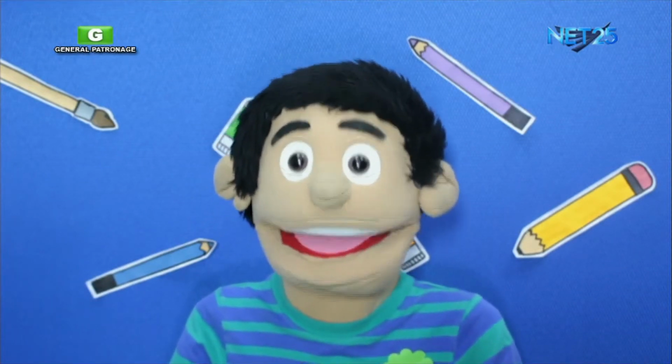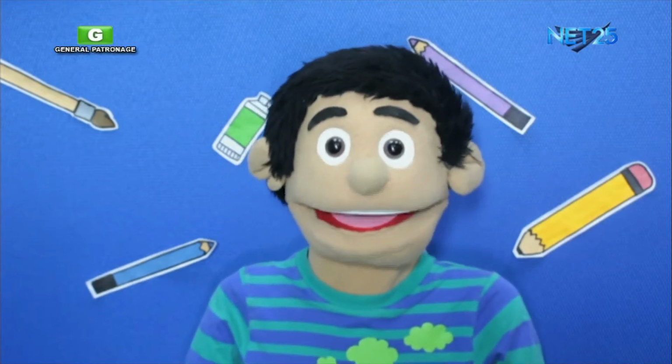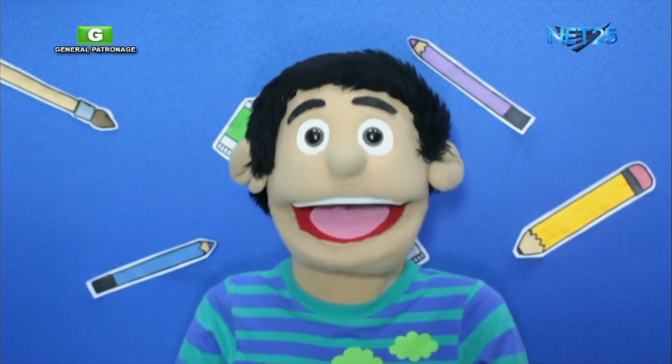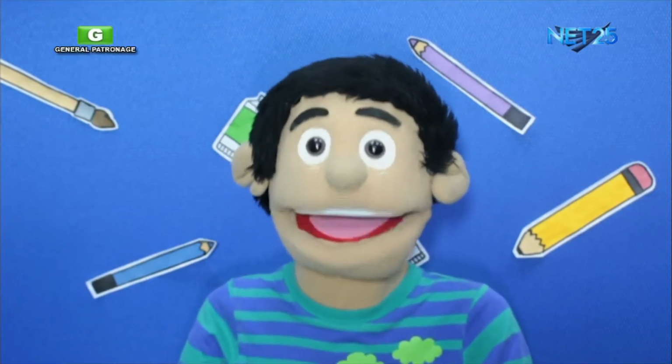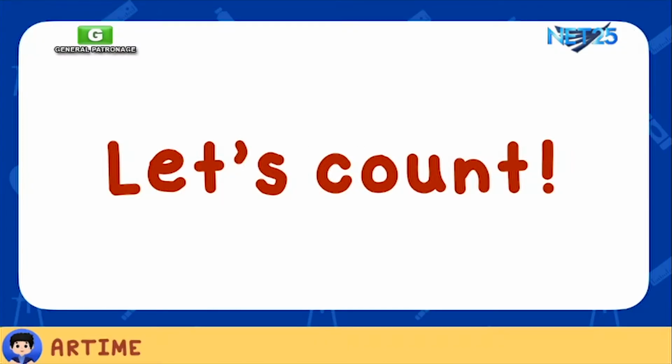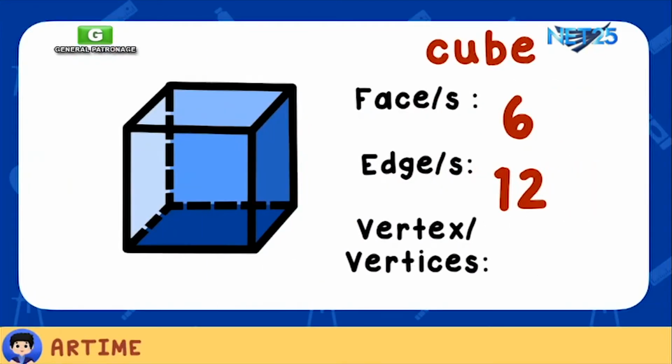Now let's count the vertices. We have 12 edges, so let's count the corners where the edges meet. Let's count. 1, 2, 3, 4, 5, 6, 7, 8.